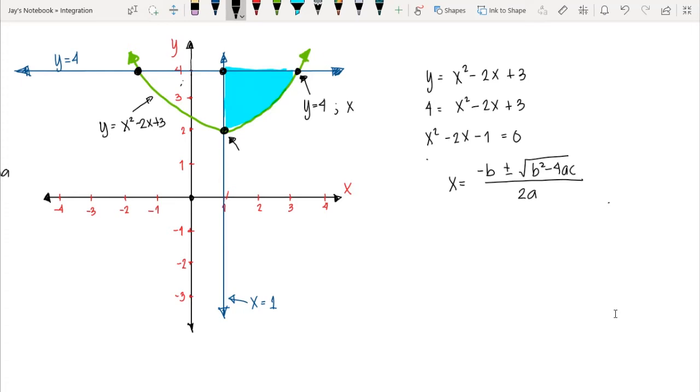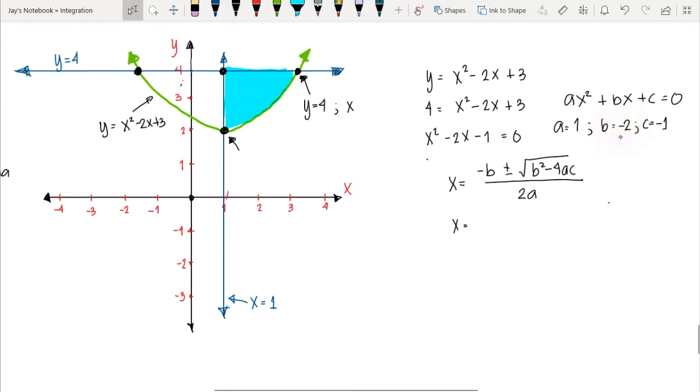If we use this quadratic formula, then we set our a, the coefficient of x squared, as 1. Our b is negative 2. Our c is negative 1. From our general form of quadratic, ax squared plus bx plus c is equal to 0. If you substitute all these values in our formula, we have negative b, that is negative times negative 2.